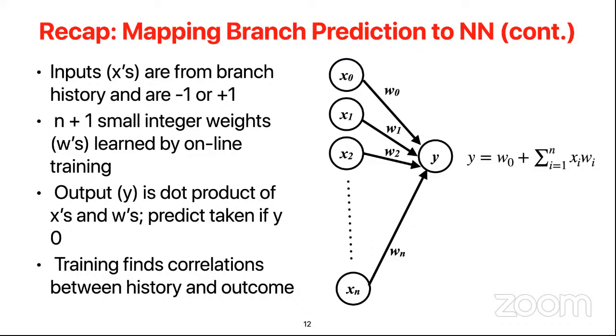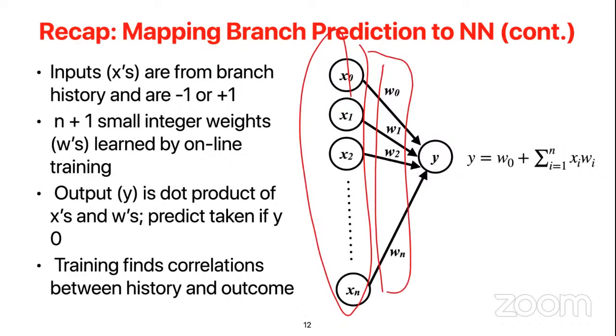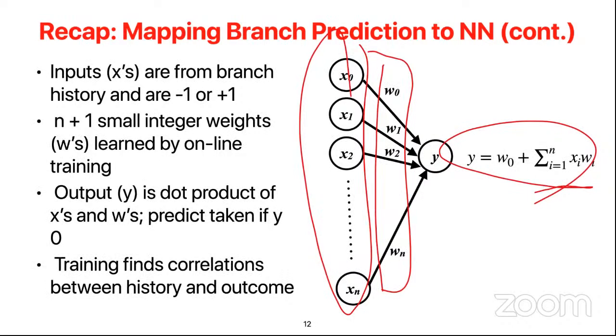The basic idea is that we treat the branch history as the input, and we train the weights for each bit of the branch history. The linear algebra result of such a combination of weights and bits will be our prediction result. In this way, if some of the history bits are noise when we are predicting a branch, we can ignore them.